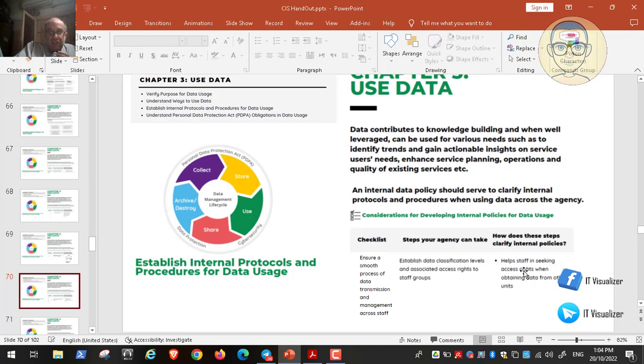Help staff in seeking access rights when obtaining data from other units. So when everyone knows his access rights to his data, then when he needs to access other data, he knows who to talk to. For example, if I need to access IT data, then I need to talk to the IT. So this is what happens when you make a clear internal data policy.